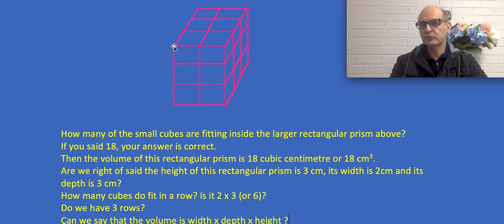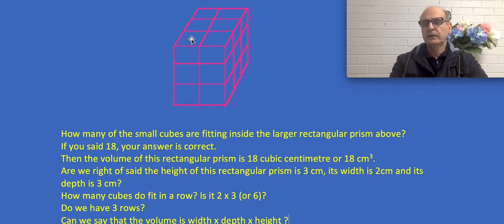In other words, you times the width by the depth. That was 2, that was 3, which gives you 6. That tells you how many in a row, and then how many rows do you have? 3, so you have to times that by the number of rows. But the number of rows is the same as the height.